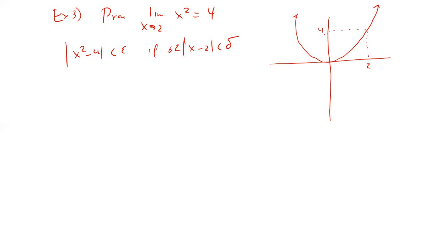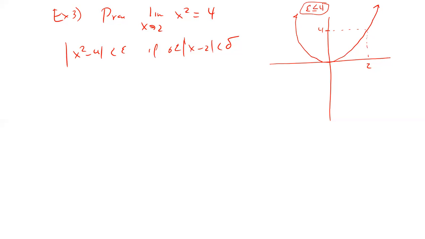Okay, we're going to do a little piece here. First things first, we're going to choose an epsilon that's less than or equal to 4. Let's do that first. That'll help us out in just a bit.